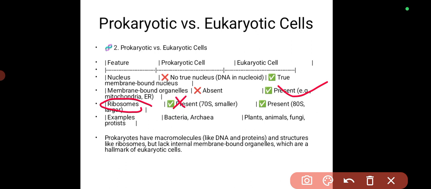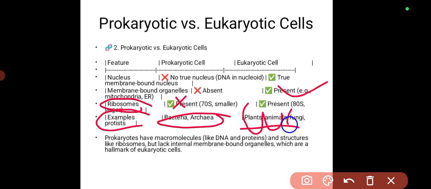They also exist in the prokaryotes; in fact, they are scattered about the prokaryotic cell. Examples of prokaryotes are the bacteria and the archaea bacteria. For eukaryotes, we have plants, animals, fungi and protists.